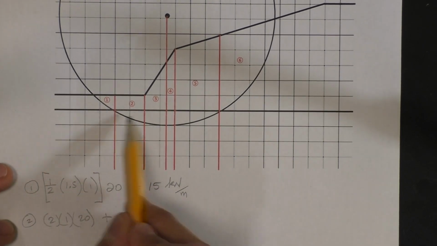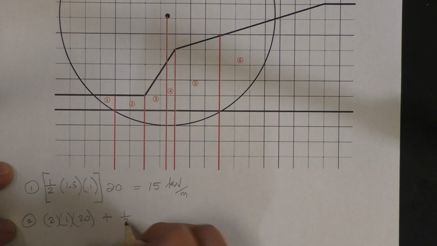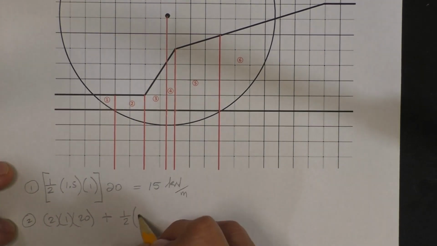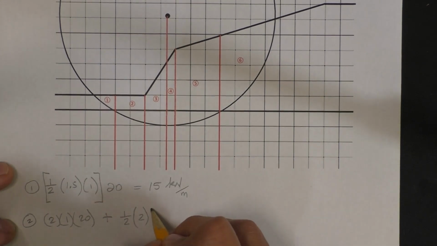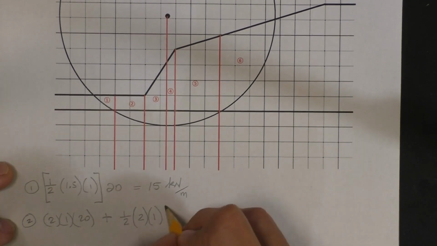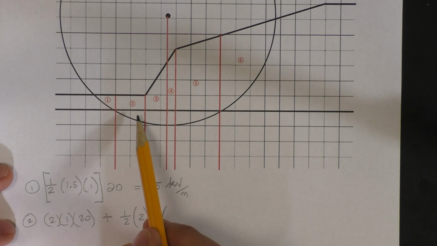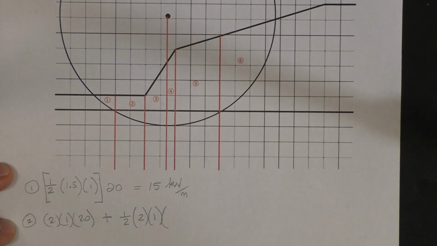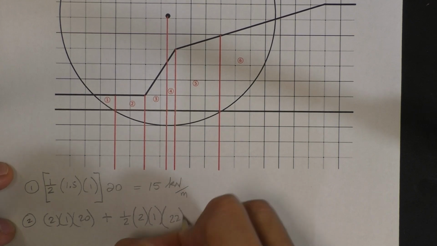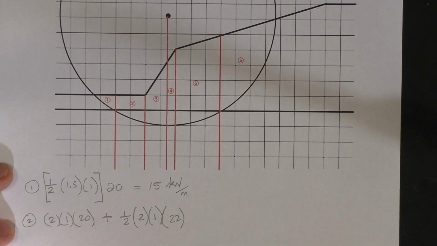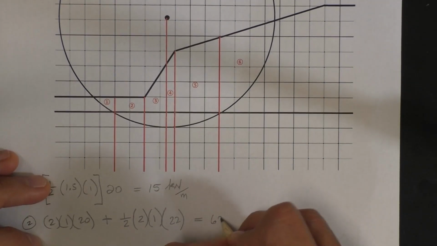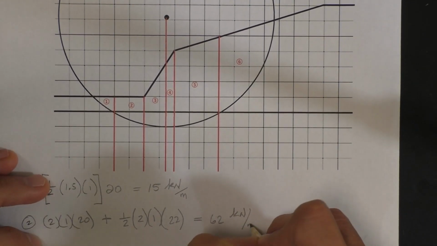And the triangle has an area of 1/2 base times height, and its unit weight, that is of soil number 2 down here, is 22 kilonewton per meter cubed. So this is 62 kilonewtons per meter.